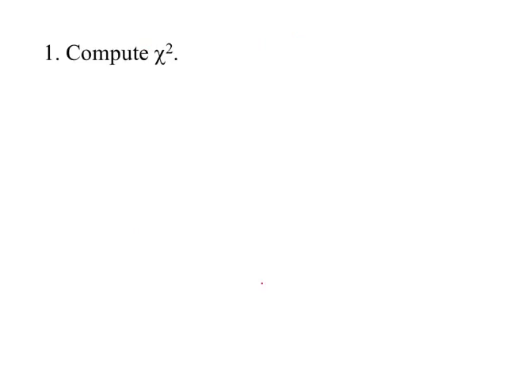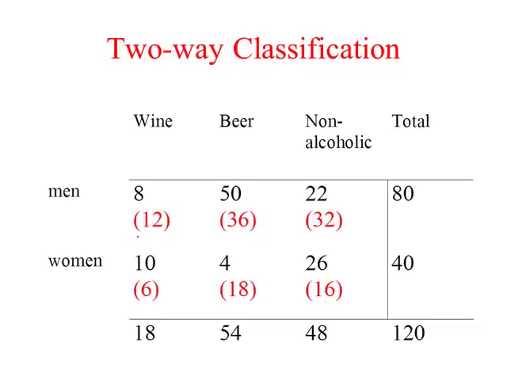So we compute this in the same way, except it's important to note that whereas in our first example, our 3 groups had the same expected values, they were all 40, here we have different expected values for each of our groups. So if we just look at this one, we're going to use the same formula: observed minus expected, squared, divided by expected. Remember, we're going to do this 6 times now since we have 6 groups to add up.